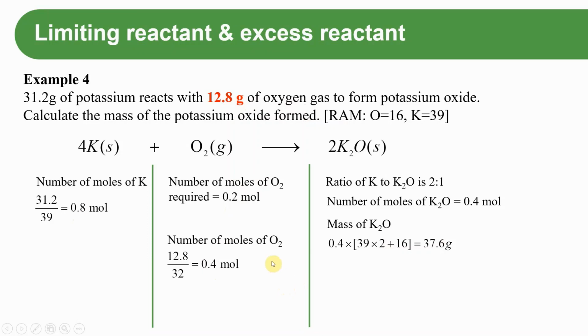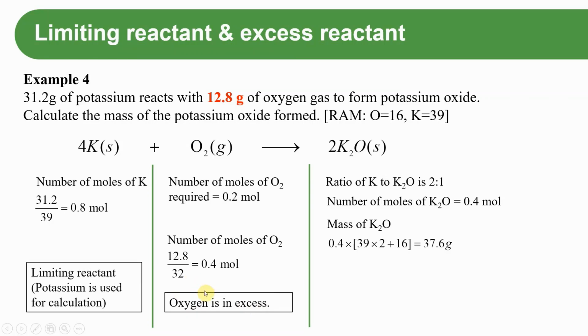So that means oxygen is in excess. And we do not use this for calculation. If this is in excess, that means potassium is the limiting reactant. And therefore, we will still use this 0.8 mole as a basis for calculation. So the answer for K2O is still the same.